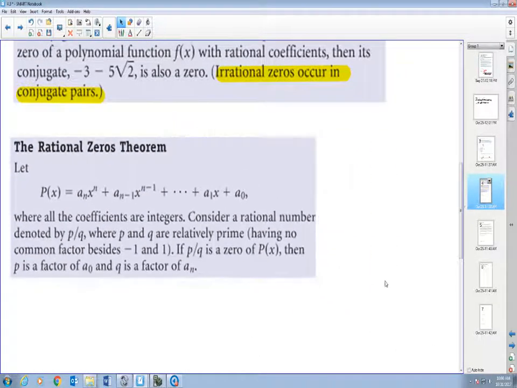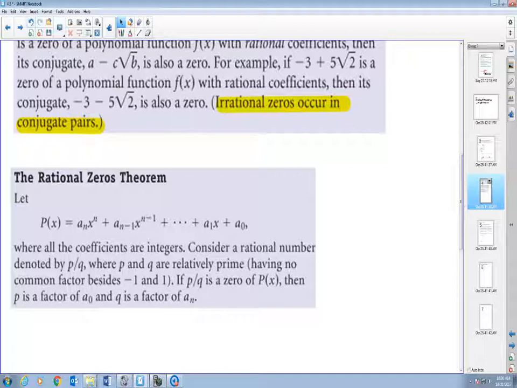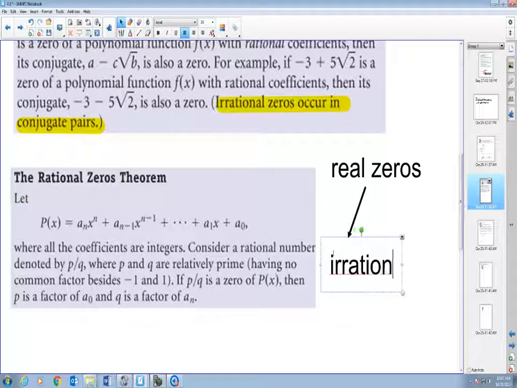The one we will see on the calculators got to be considered as real zeros. Okay, so under the real zeros we have what is so-called the irrational zeros.